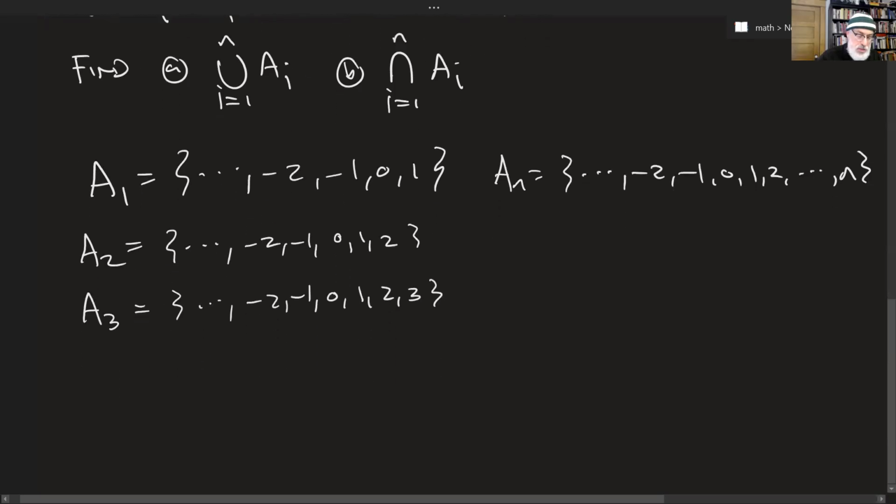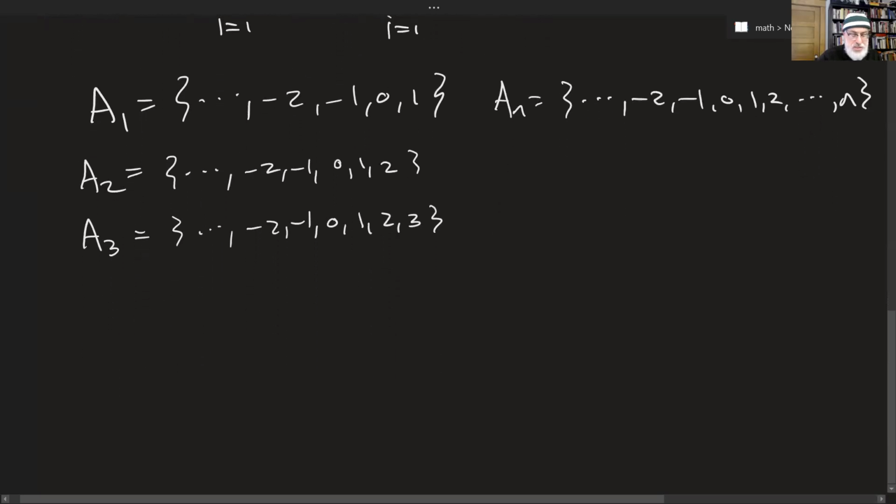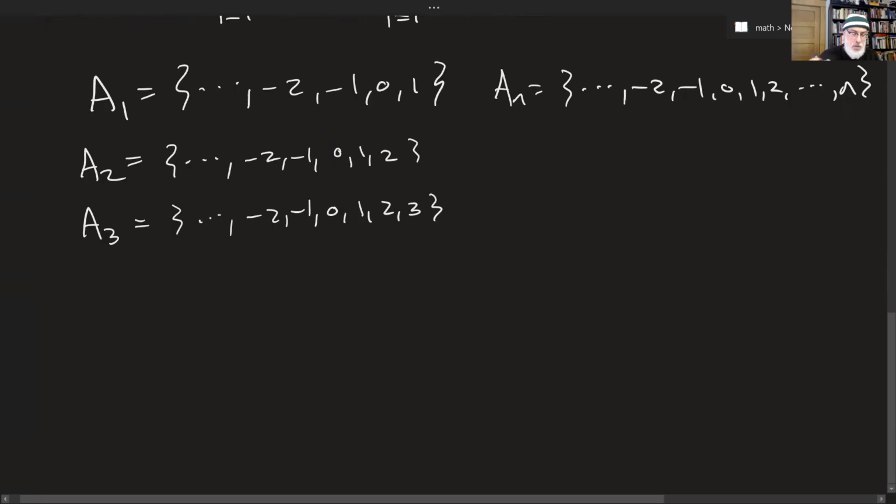So now we want to find the union and intersection of them. Recall the definition of a union. A union of sets means that I take each element in every set in the union, collect them, and put them in a new set, and I do not repeat elements. So let's say I have a set 1, 2, and 3, and I union that with a set 2, 3, and 4.